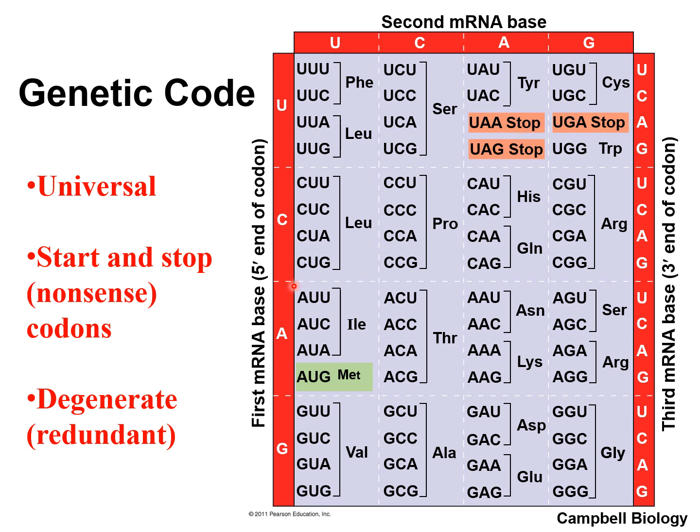The other thing to notice about the genetic code is that it's what we call degenerate, which means that it's redundant. There are 20 amino acids, but there are actually 61 messenger RNA codons here, so the numbers do not line up.